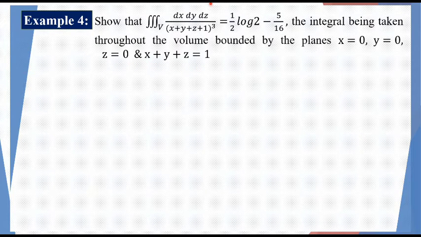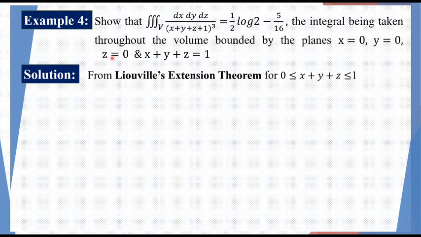Since there is a function in the problem, we can apply Liouville's extension here. So from Liouville's extension theorem, for x plus y plus z lying between 0 to 1, we can write these planes in this particular form. So from here x plus y plus z is the condition.